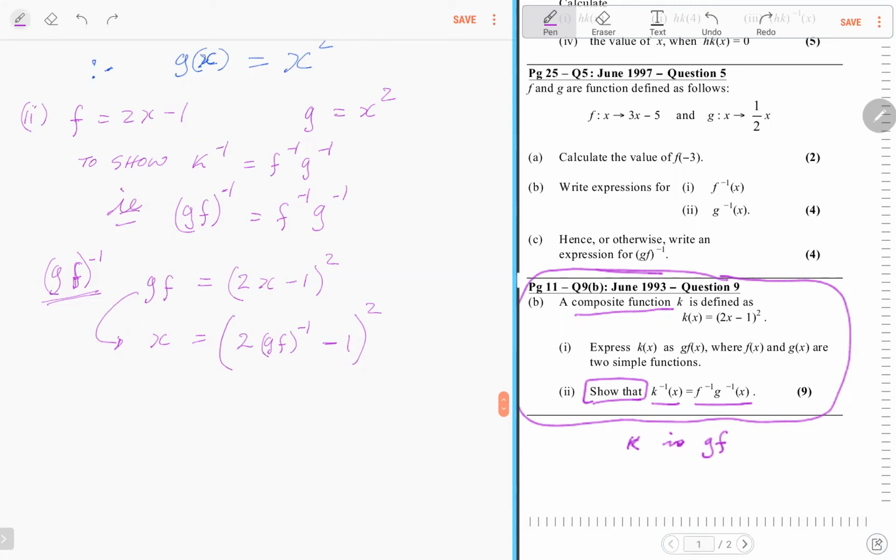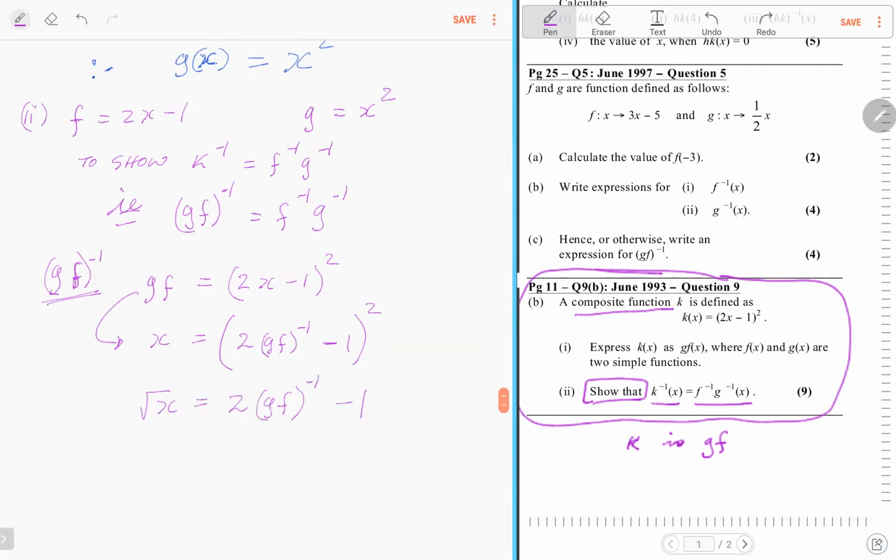So to make that the subject, I need to get rid of the square first. We're going to assume it is a positive square root we need. So we're going to square root both sides, since the inverse of square is square root. When we square root both sides, we get the square root of x equals 2 GF all to the minus 1 minus 1.